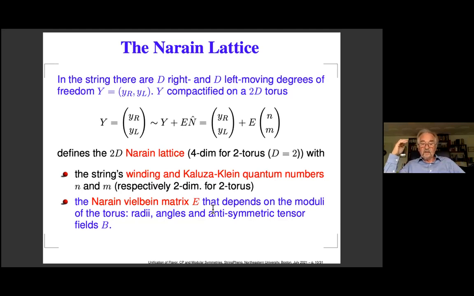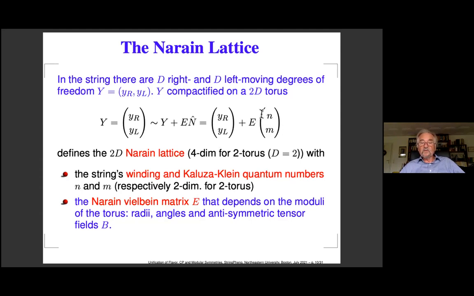These are the radii, the antisymmetric tensor fields, the angles. And n and m are numbers. They are the winding numbers and the Kaluza-Klein quantum numbers of the theory.